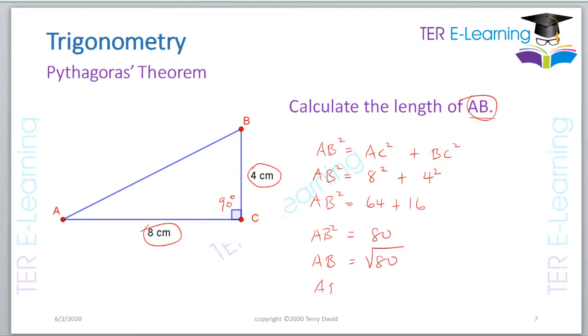Therefore AB is equal to, and if we work that out, we're going to get 8.94 centimeters. And this will be my length AB, which is my hypotenuse. That's what I'm trying to work out here.